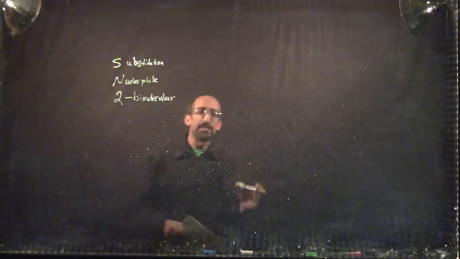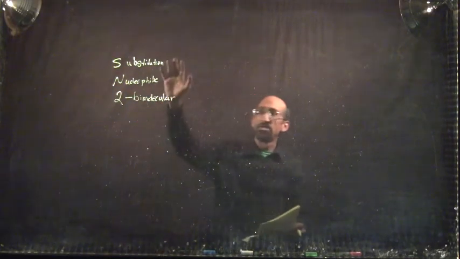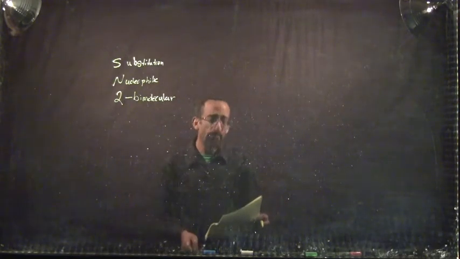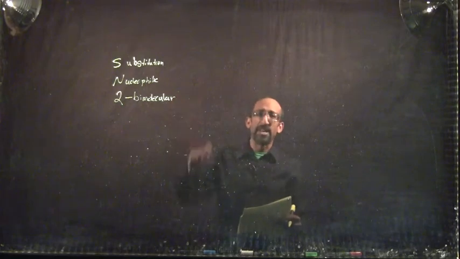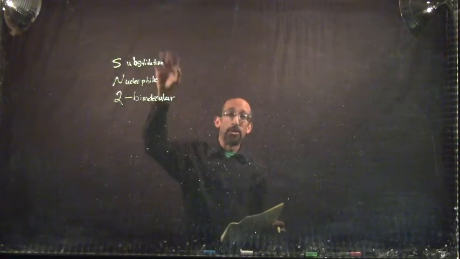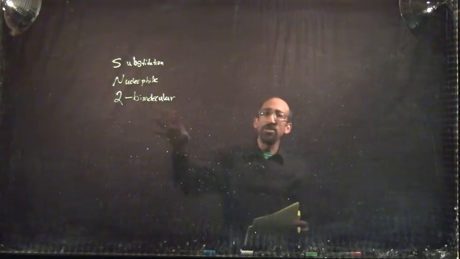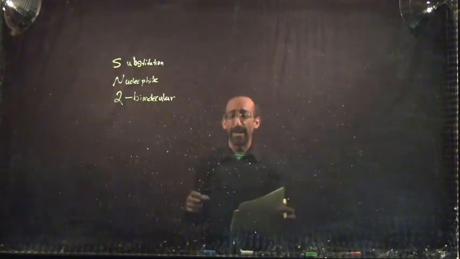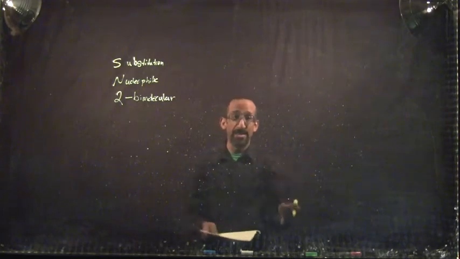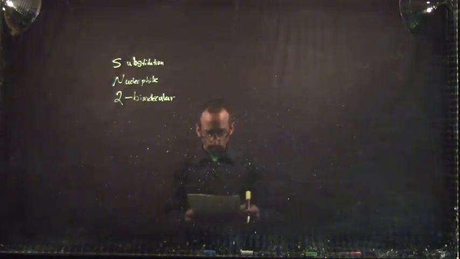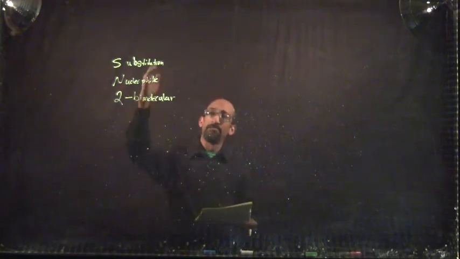So what this means is that in the reaction, there's a substitution happening. One thing is being replaced by something else. The nucleophilic tells us that whatever is being replaced is replaced by a nucleophile. And then the 2 tells us that overall in this reaction, the rate determining step involves 2 different molecules colliding with each other. Okay, so that starts us off.